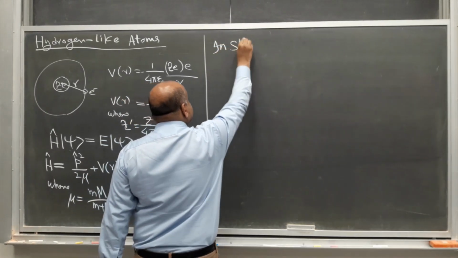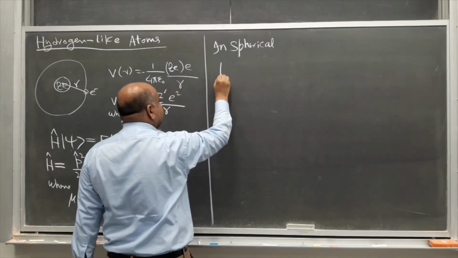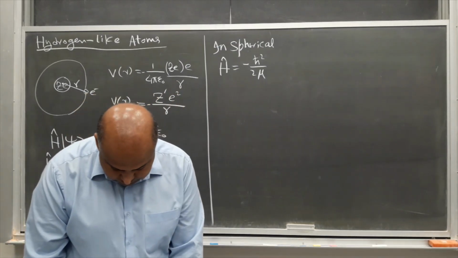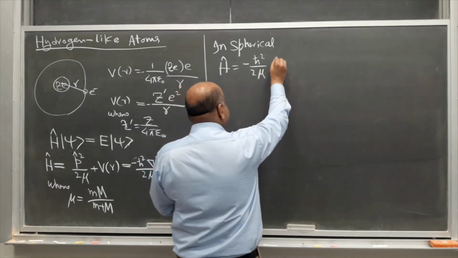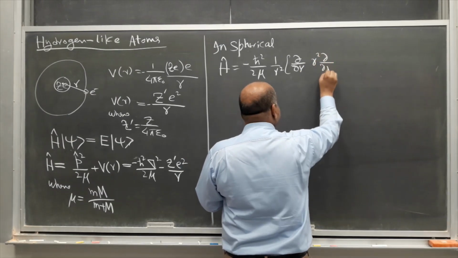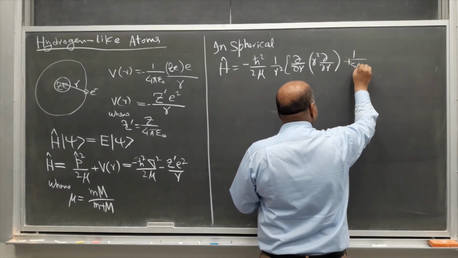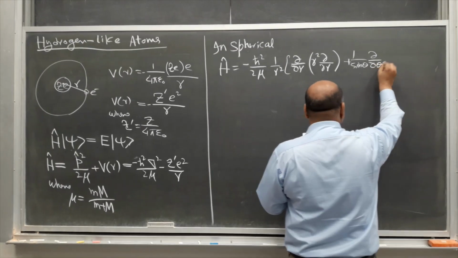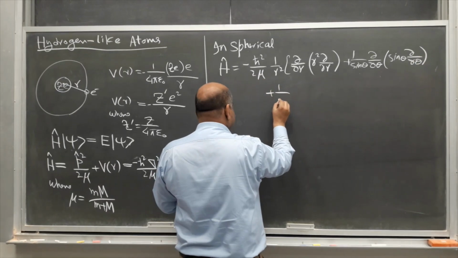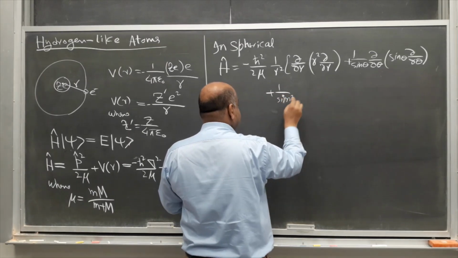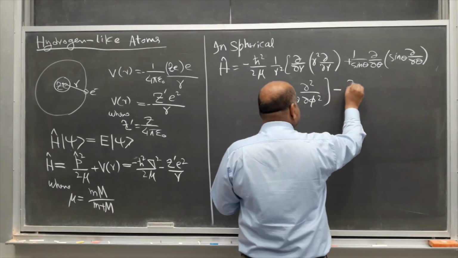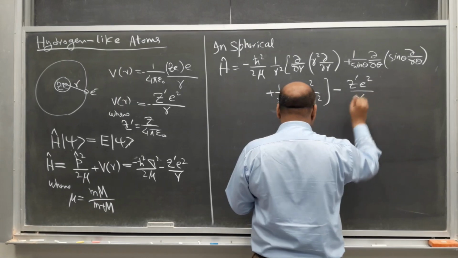In spherical coordinates, our Hamiltonian is minus h-bar square over 2 mu, and del square is 1 over r square partial by partial r of r square partial by partial r, plus 1 over sine theta partial by partial theta of sine theta partial by partial theta, plus 1 over sine square theta partial square by partial phi square, minus Z prime e square over r.